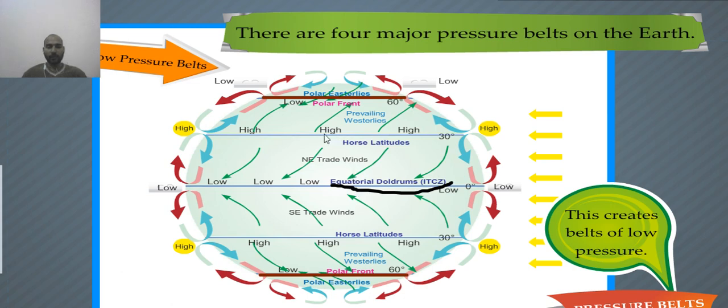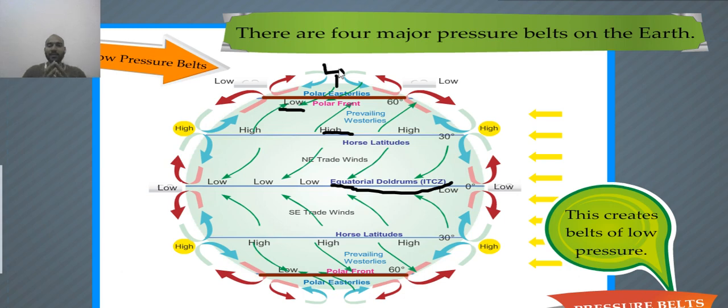Then this area is the high pressure belt. Again, there is a low pressure belt and at the pole a high pressure belt. So you should remember from the equator side: low, high, low, high. It will be a shortcut for you to remember the pressure belts.